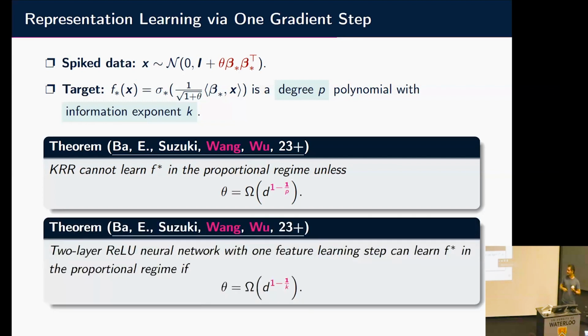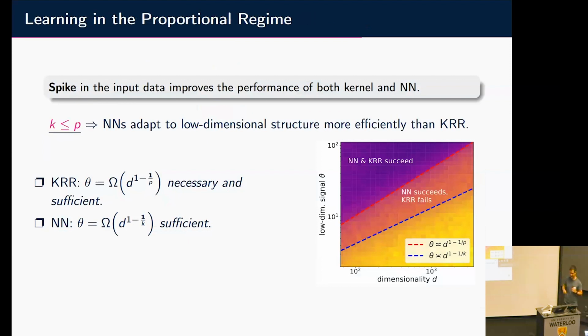And the positive result on neural networks is that a ReLU neural network is able to learn this target if the spike magnitude is of order this much. Since P is always greater than or equal to K, there is a separation between them, but the following figure makes this comparison easier.